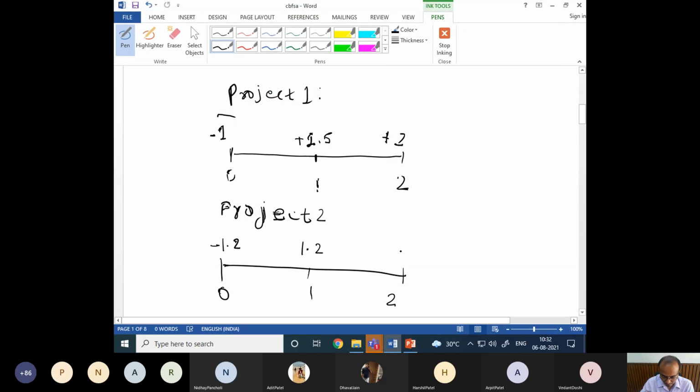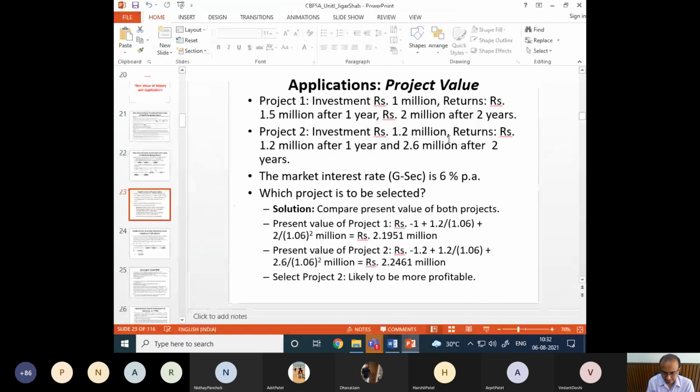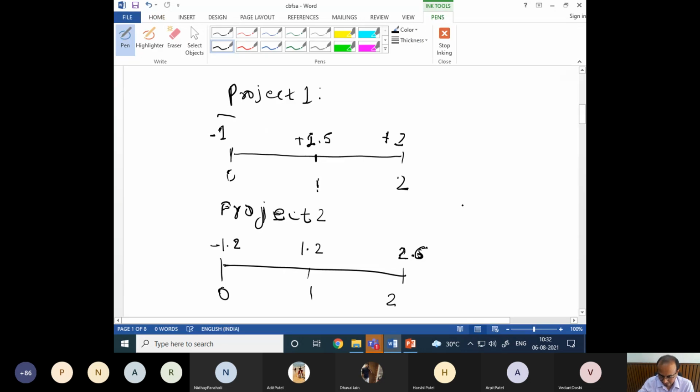I will get a return of 1.2, and 2.6. So let me correct this 2.6. And the market interest rate is 6% per annum. That is specified. Now you tell me how to proceed.